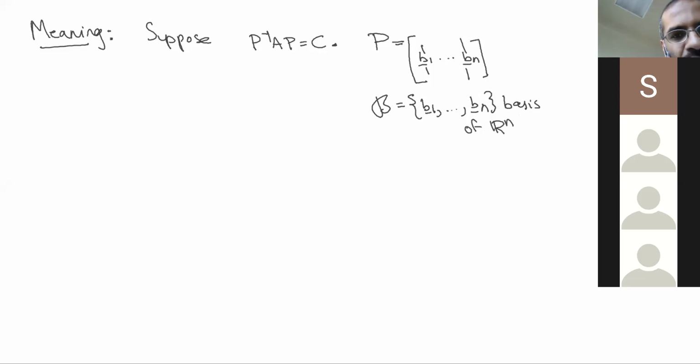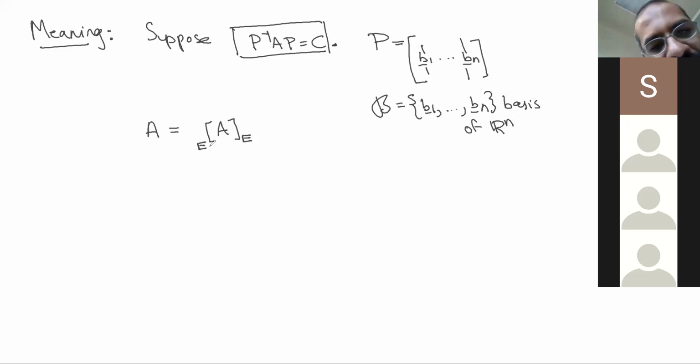So now let's interpret this equation we've written here as an equation about change of coordinates. What is A? Well, I can interpret A as the standard matrix of a linear transformation, which is just multiplication by A. I'm using this notation to mean the linear transformation that's multiplication by A. That's the interpretation of the matrix: it's the standard matrix of some linear transformation.